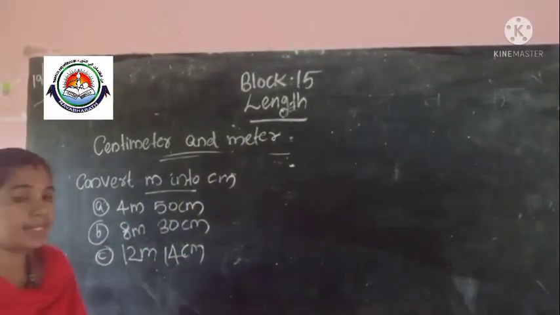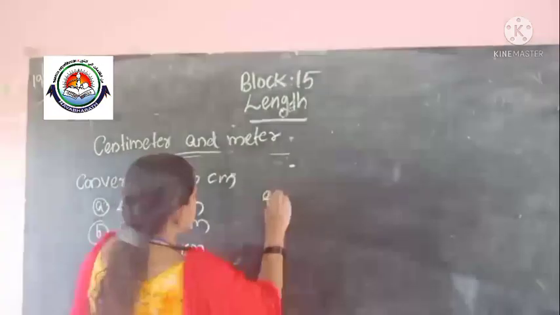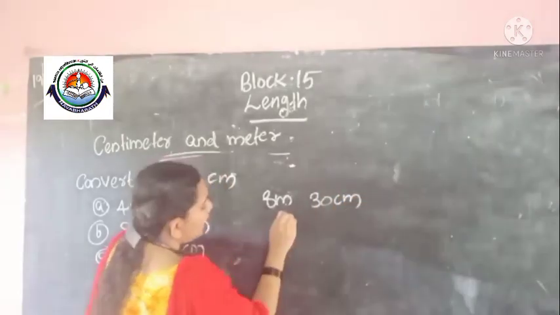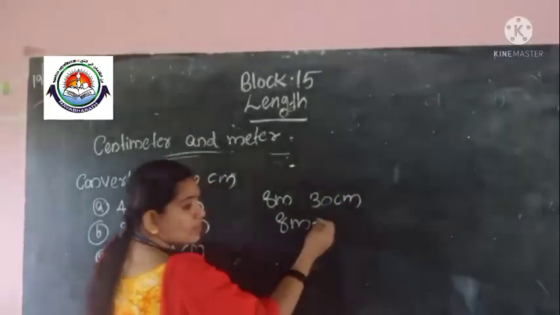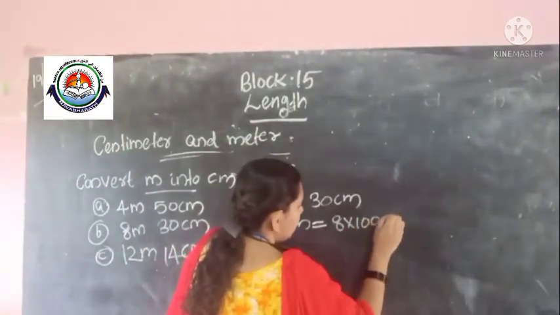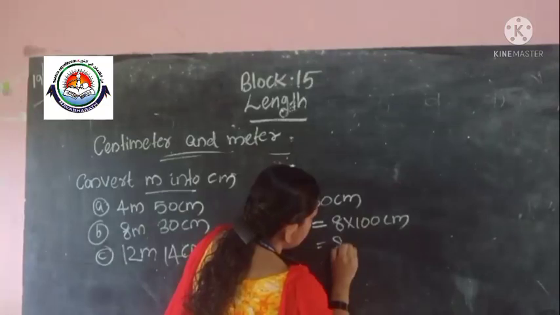Finish? Can I say the answer? 8 meter and 30 centimeter. So 8 meter, how much centimeter? 8 into 100 centimeter. So 800 centimeter.